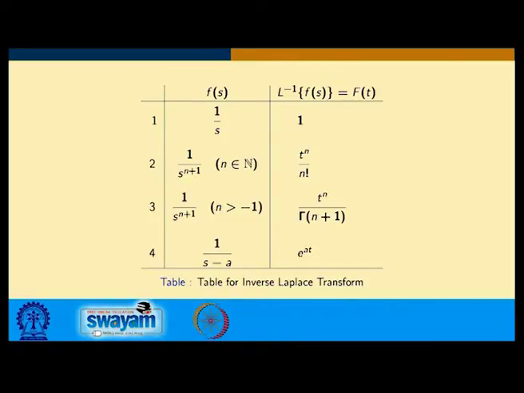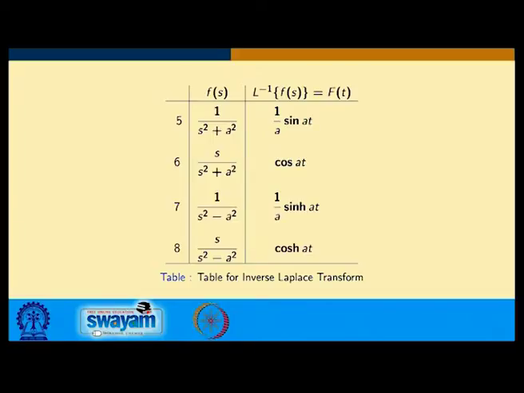If the function is e power a t, the Laplace transform is 1 by s minus a. If it is 1 by a sin a t, then the transform is 1 by s square plus a square.